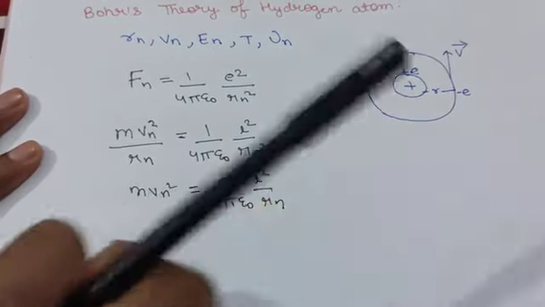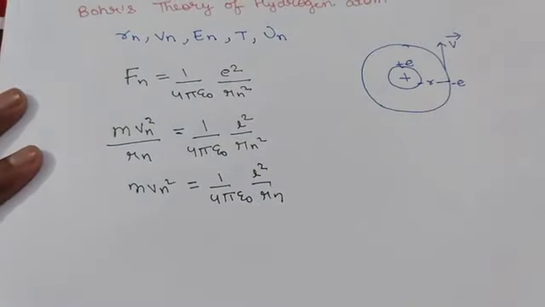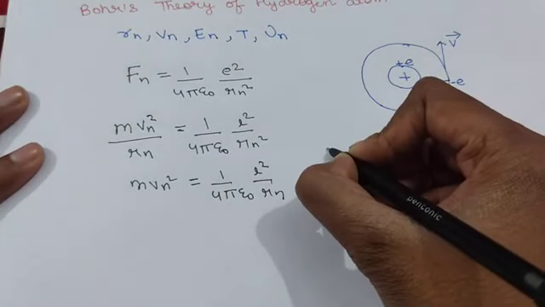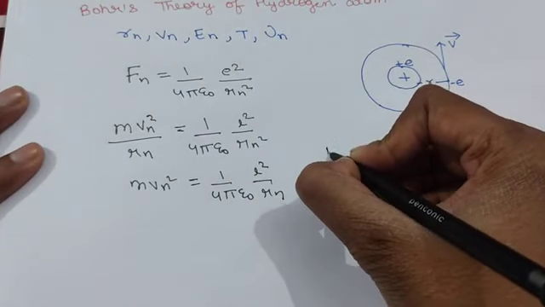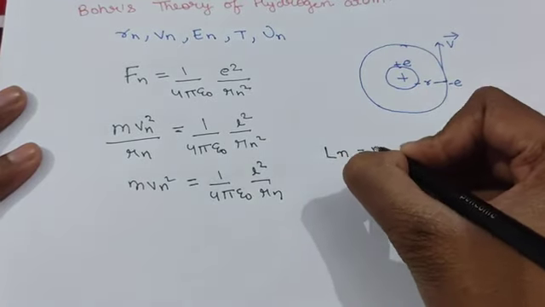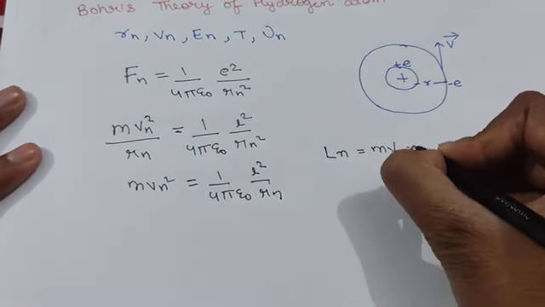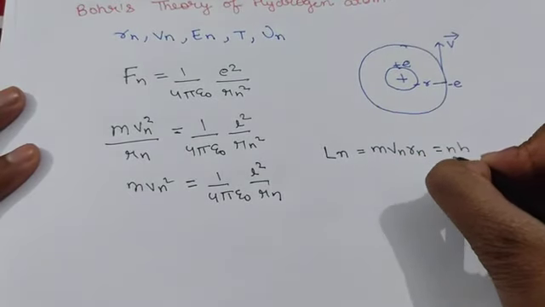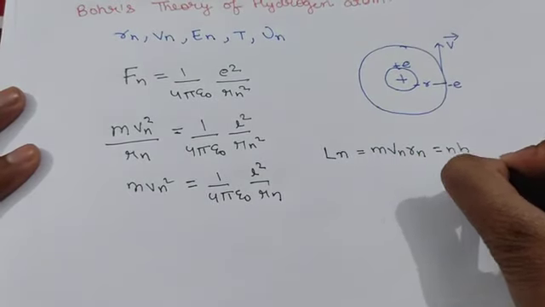Also we know that the angular momentum is mvn rn, which for the nth orbit is equal to nh by 2 pi.